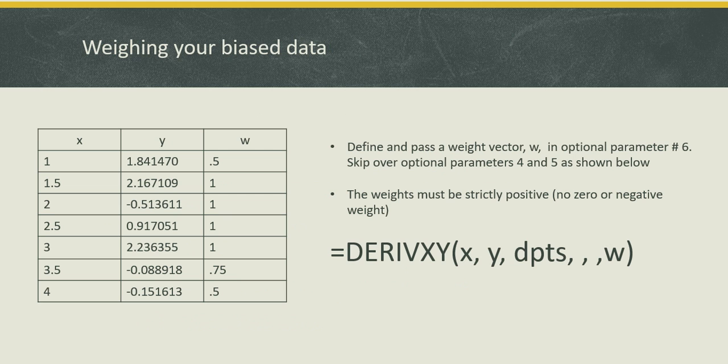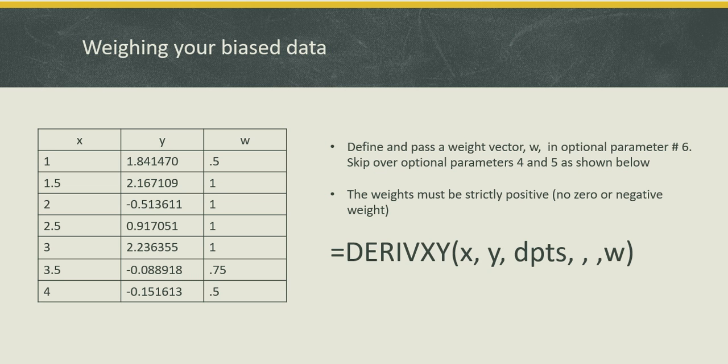Weighing your biased data. In the table to the left, I am showing some data here where I know, for example, that the first and last 2 points are less accurate than the ones in between. So I can use optional argument number 6 to weigh my data to give more emphasis to some points over others.